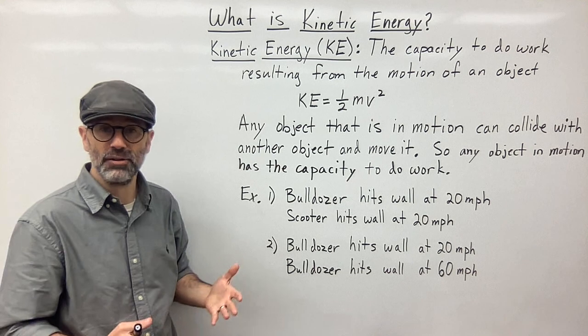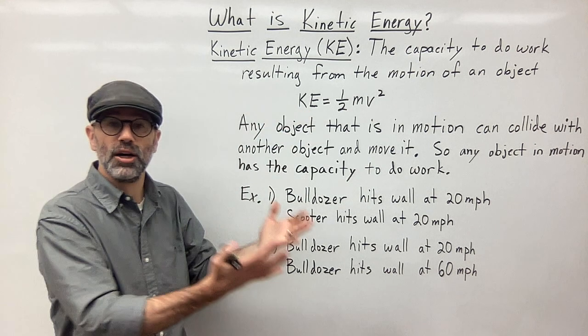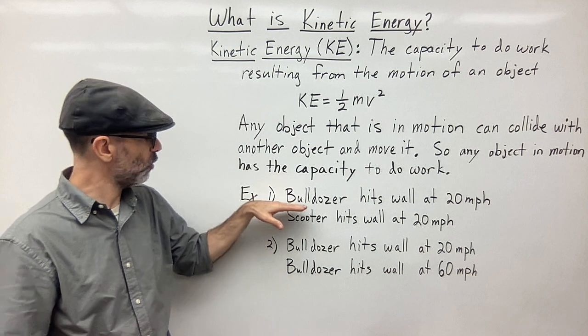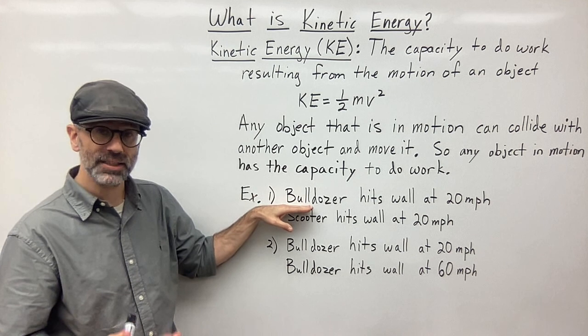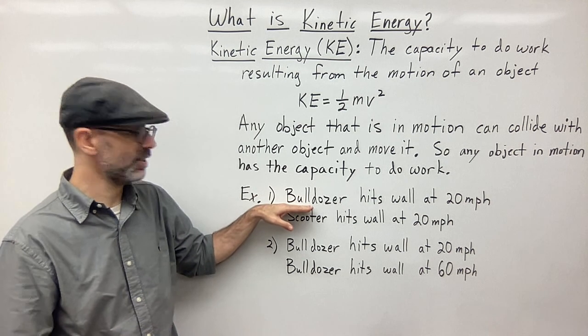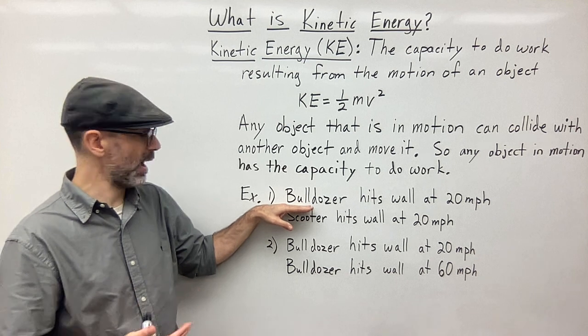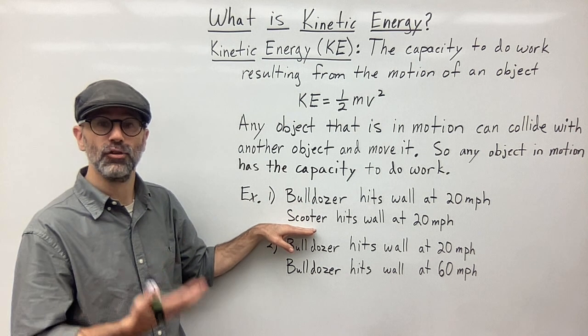Because it has more mass. So remember, kinetic energy is the ability to do work due to the motion involved, right? The bulldozer, being a bigger, heavier, more massive object, has more capacity to do work because of that extra mass, even though the scooter and the bulldozer are going at the same speed.